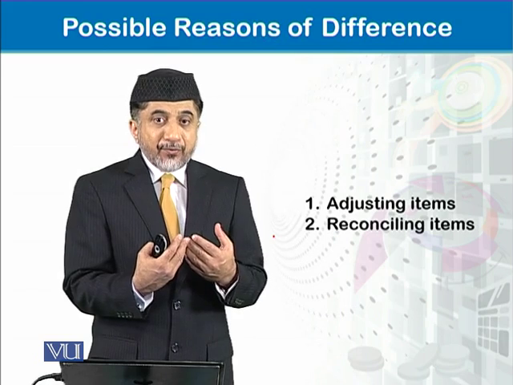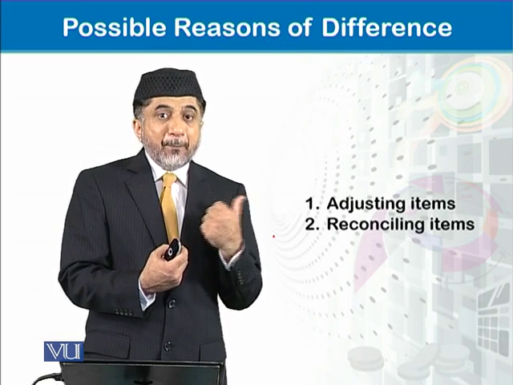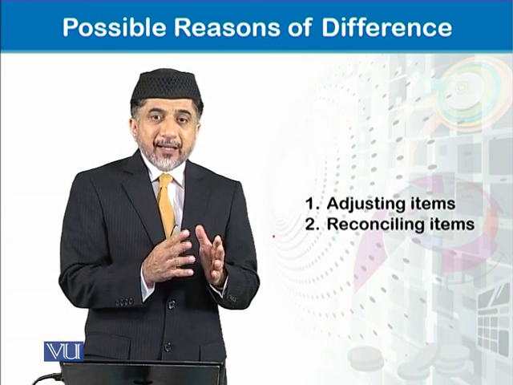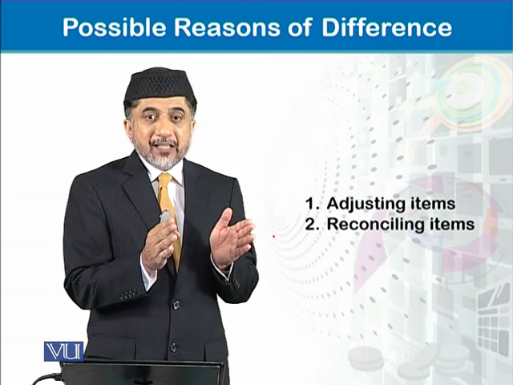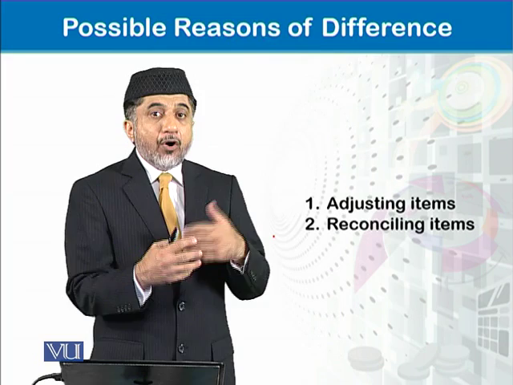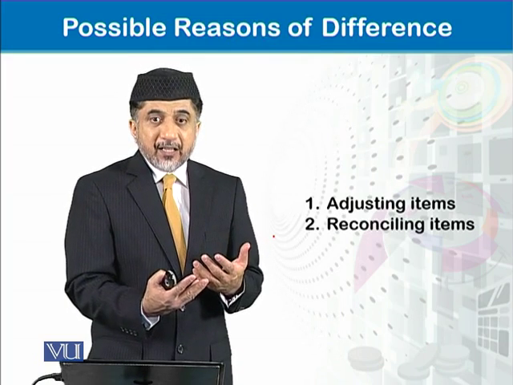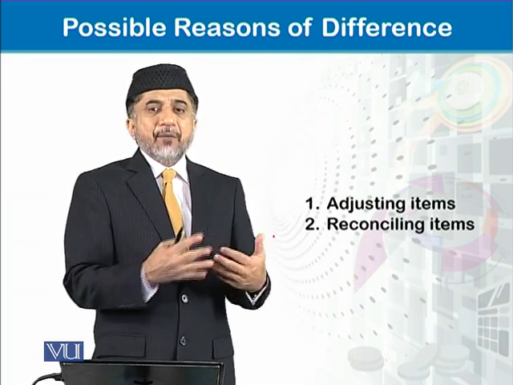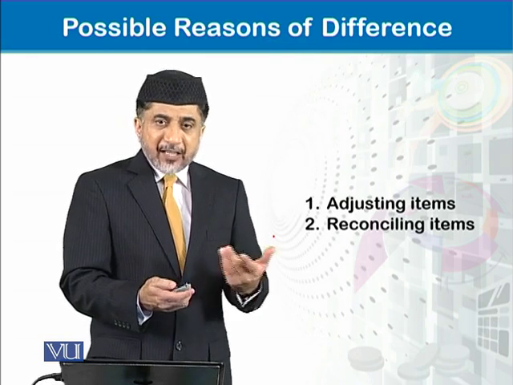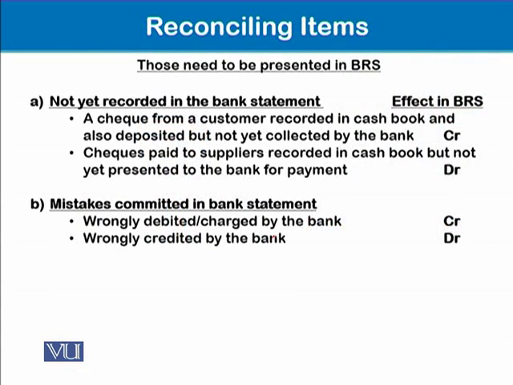These are something for which the accountant of the bank will do either an adjustment, or there would be some timing difference that these reasons will automatically be eliminated depending upon some time period. Within that time period, it will be eliminated. So let's see. These are the reconciliation items for which we present a bank reconciliation statement.